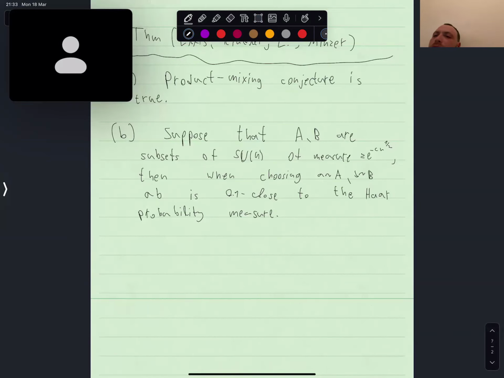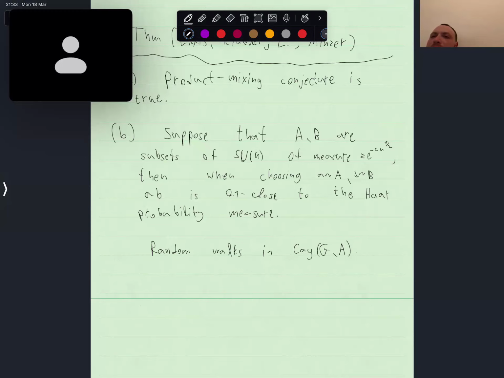Okay, so basically there are various works about random walks on Cayley graphs, where you take a random element from A and you multiply by it.